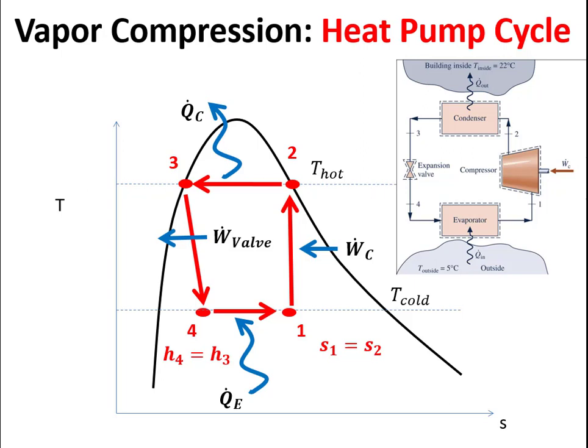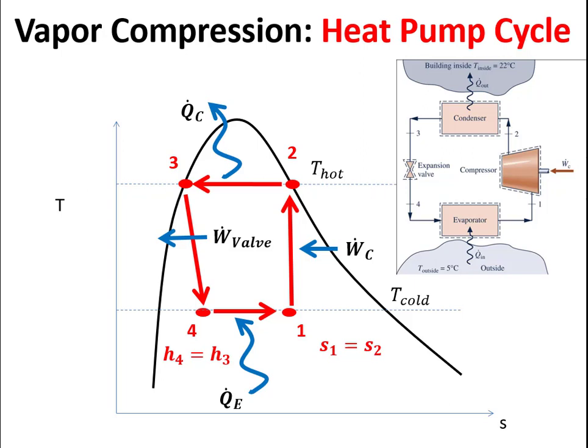And then we move through a valve. The valve is kind of, I guess, a heat pump or refrigeration cycle's answer to a turbine. So here, instead of trying to generate power like we would in a turbine, we're going to go through an expansion valve. And we'll assume that as we go through the expansion valve, we have an isenthalpic process where the H values stay the same, so that H4 is equal to H3.